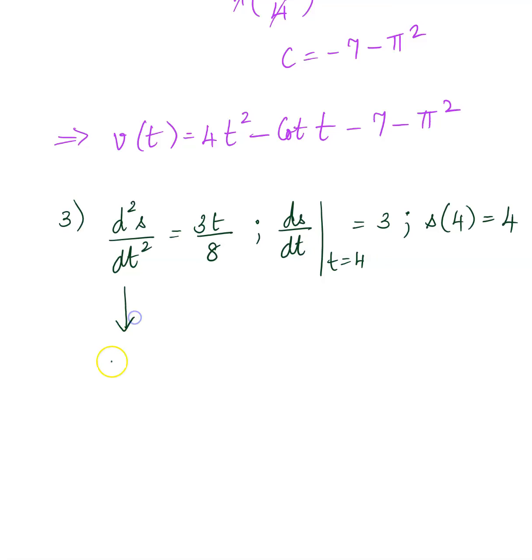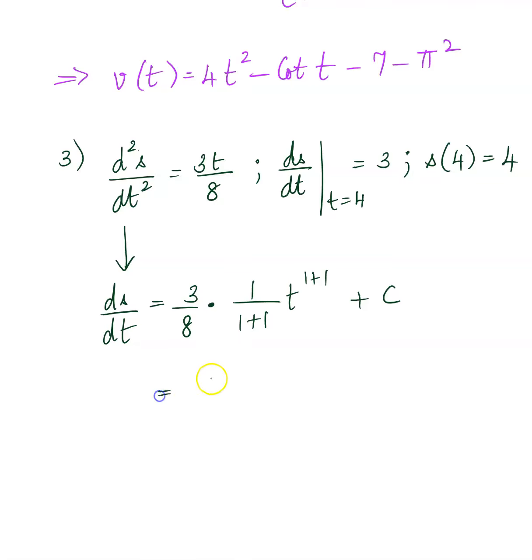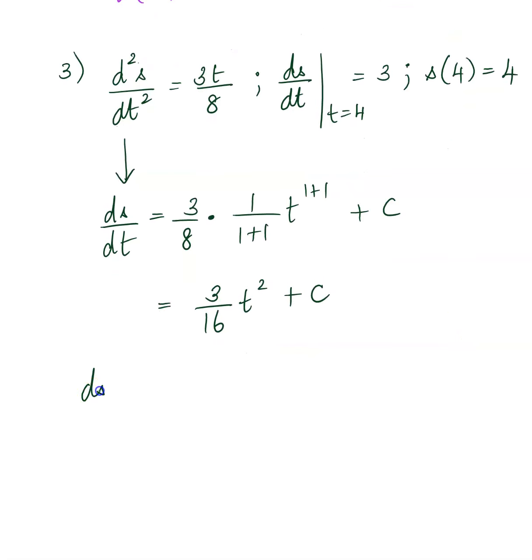So let's start here. The antiderivative of d squared s over dt squared is one derivative below, so it's ds over dt. Use the initial value.